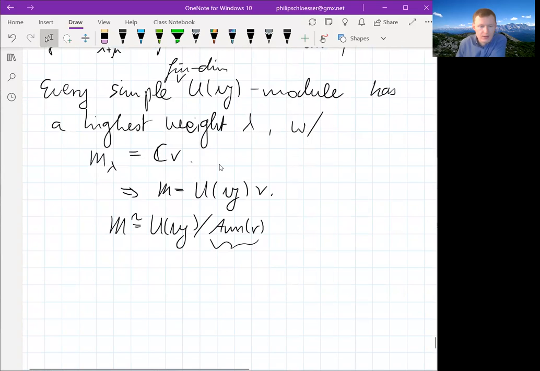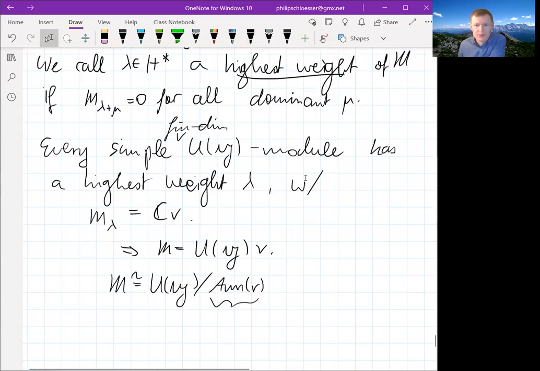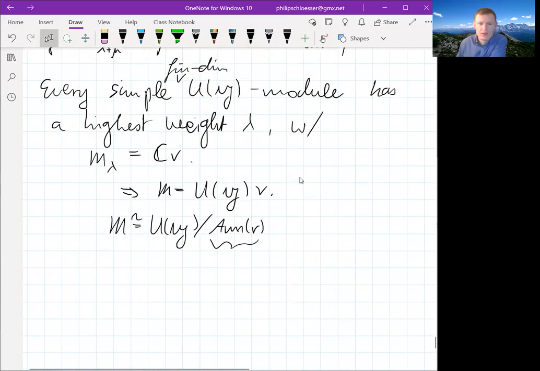Well, the elements of V get annihilated by what? Firstly, it gets annihilated by all of the positive root vectors, because your weight is already the highest it can be. So if you try to increase the weight, you can't do it, you get zero.